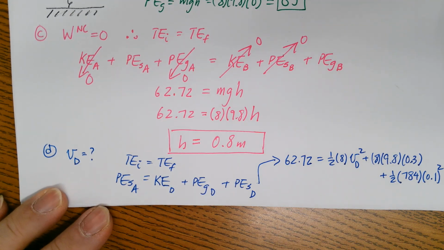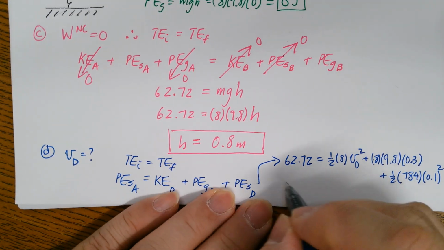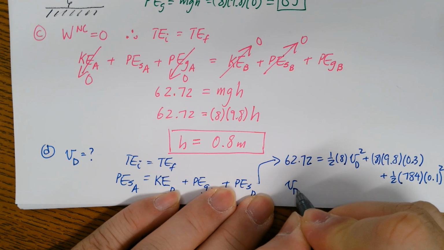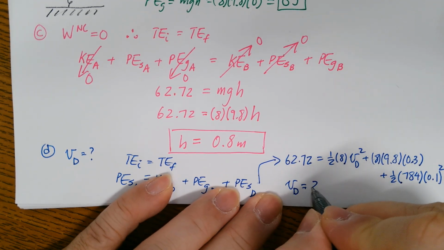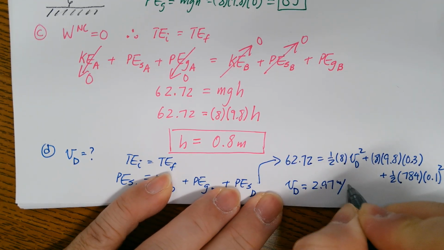So I have to solve for V at D. So hopefully you guys got V at point D to be somewhere around 2.97 meters per second.